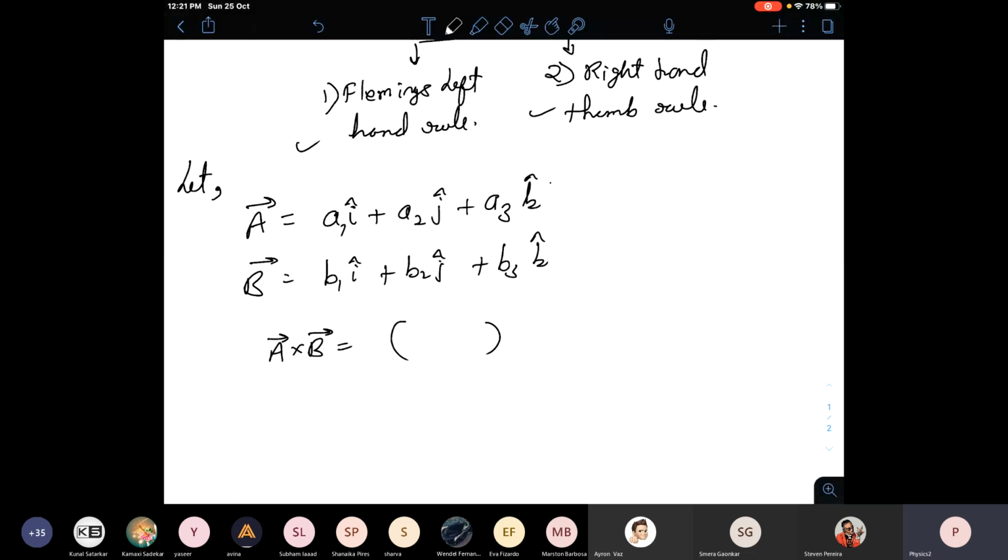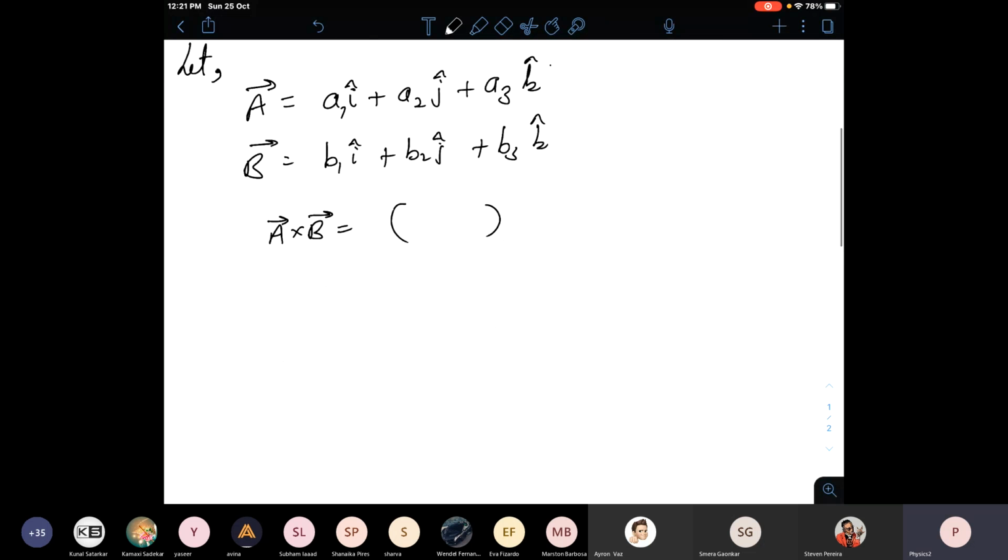Okay, what are the basics? You can just note it down. Okay, first of all, what will be the value of I cap cross I cap? Anybody? One.